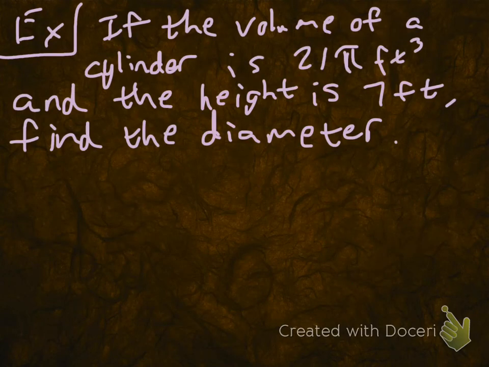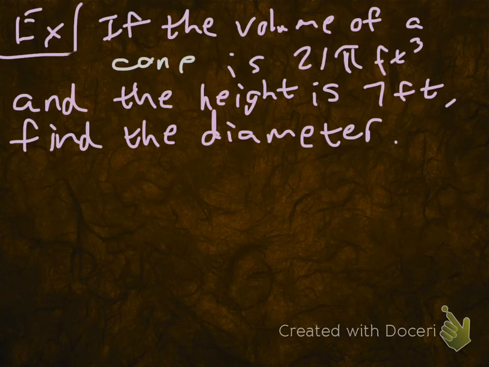Let's move on. If the volume of a cylinder is, what did I write cylinder? I don't know why I wrote cylinder. That's silly. So we're not talking about cylinders. The volume of a cone is 21 pi cubic feet, and the height is 7 feet. Find the diameter.